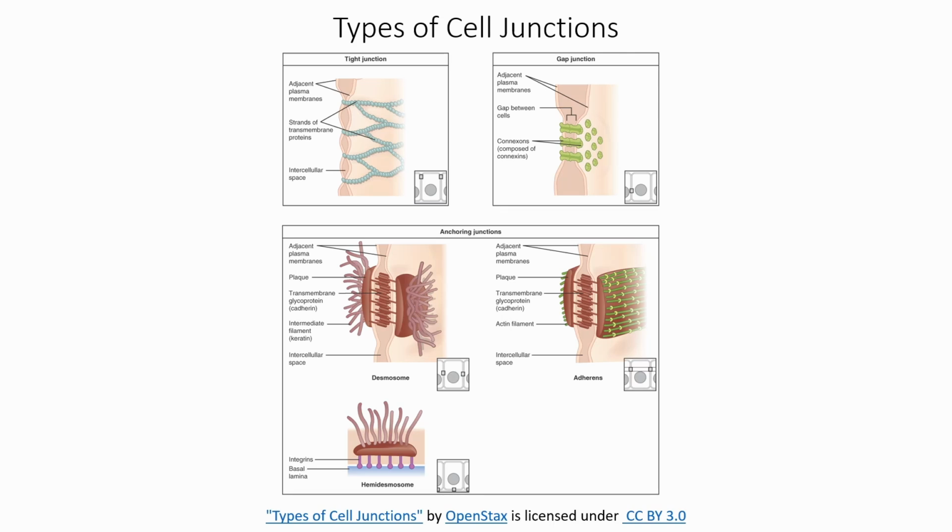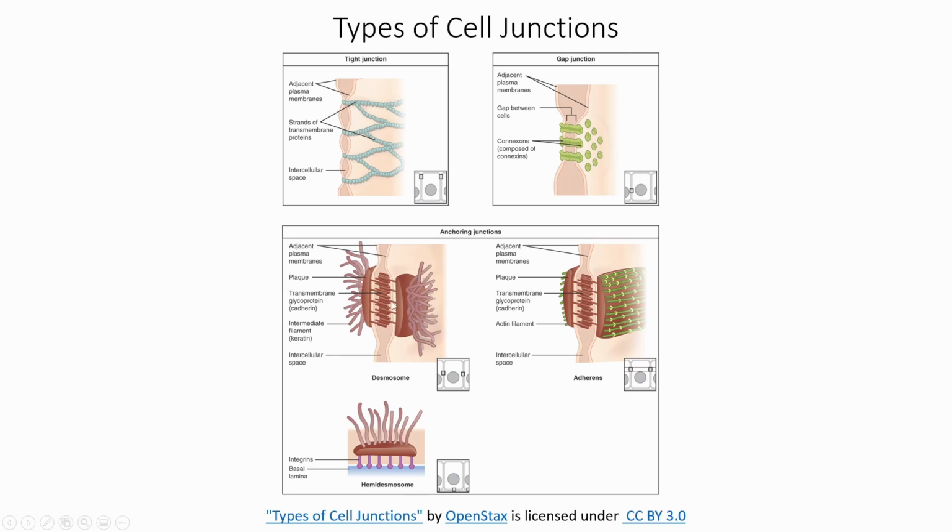So let's look at the two that join cell to cells first, which is the desmosome and the adherens junctions. We're not going to get into the nitty-gritty in terms of what makes these different from each other. That's getting into some physiology stuff right there. Some of the main things are the proteins that we use. So if we make one distinction between them, for us at least, it's the filament used to connect them.